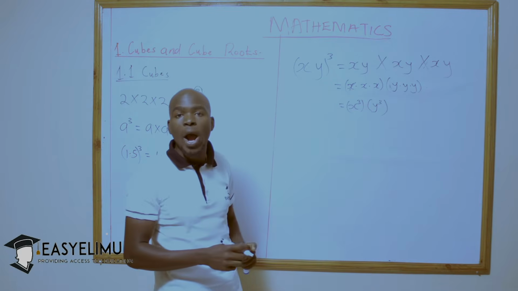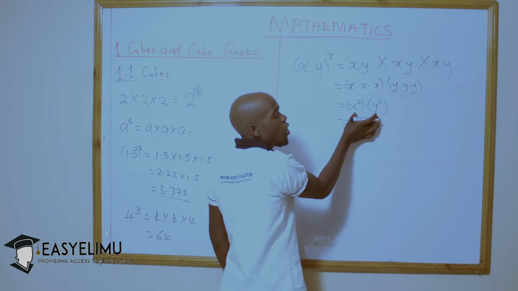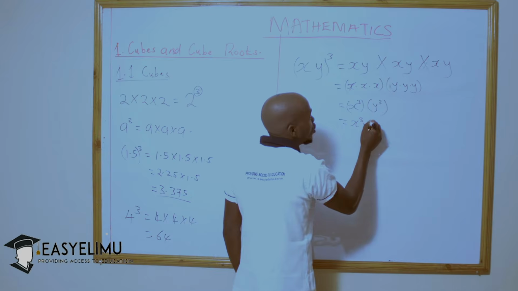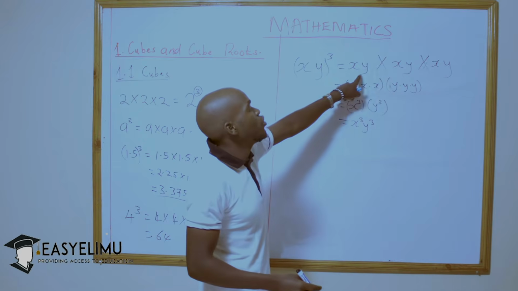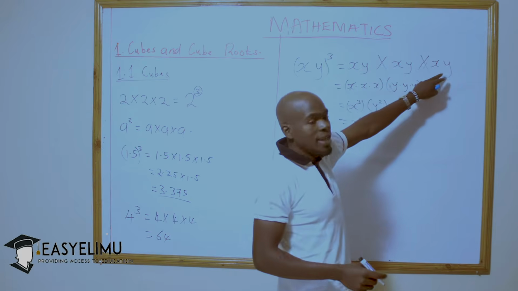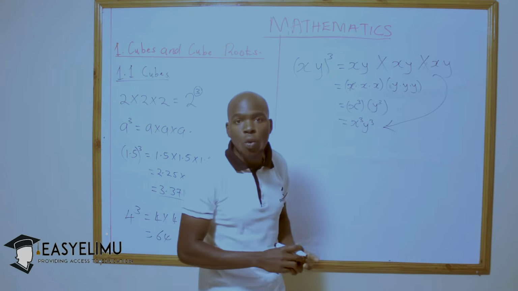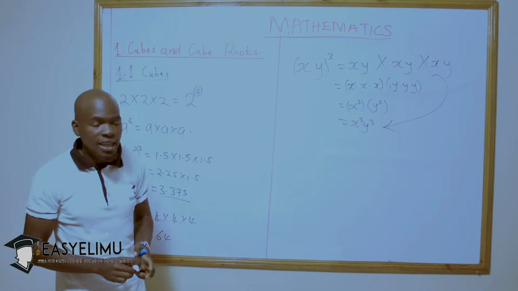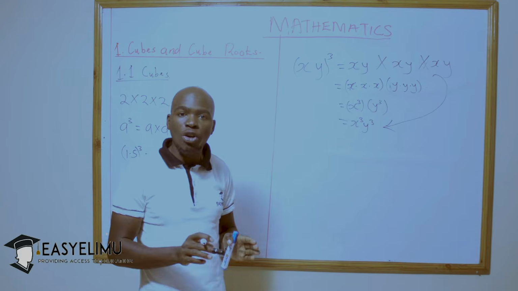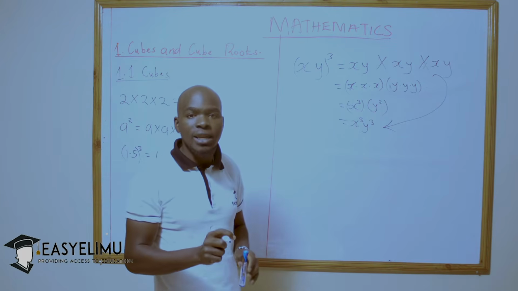If you open the bracket, you are going to have x cubed, y cubed. The same applies if you use the upper one: if you multiply the first, second, third, it will still result in x cubed, y cubed. So in general, you can find the cube of any given number or letter by multiplying it by itself 3 times.